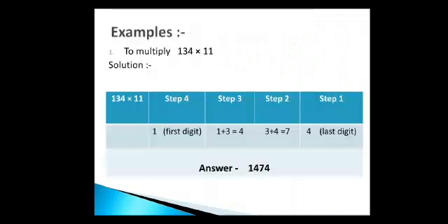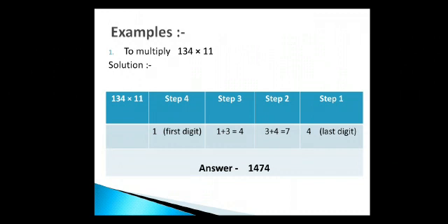Example: to multiply 134 into 11. So the step first, we write 4. 4 is the last digit. In second step, we add the last 2 digits, that is 3 and 4. So 3 plus 4, that is 7.